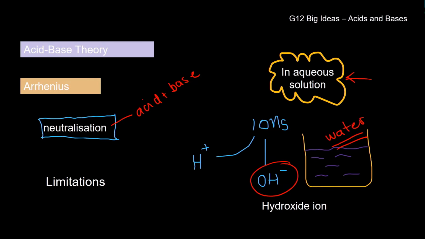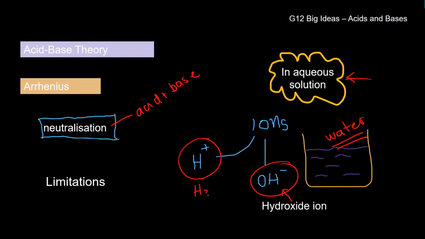So what did he come up with? What he said was a base was a substance that produced a hydroxide ion, the OH minus ion. He said that an acid was a substance that produced the H plus ion, the hydrogen ion, or another way that we know of it is the hydronium ion.